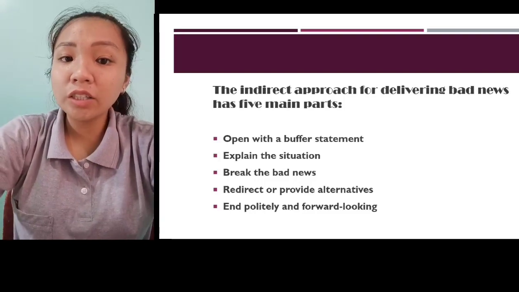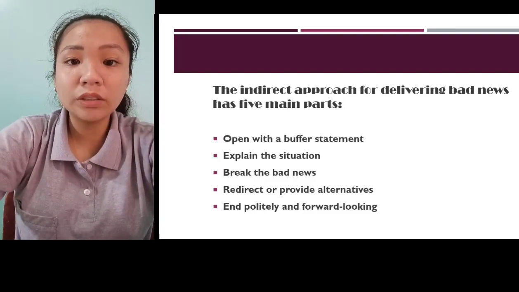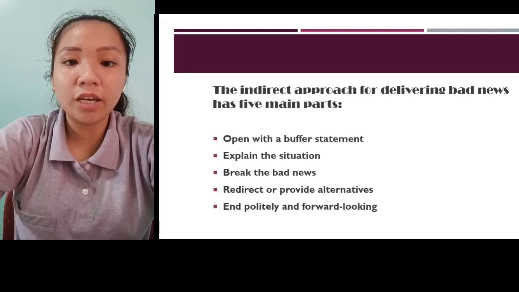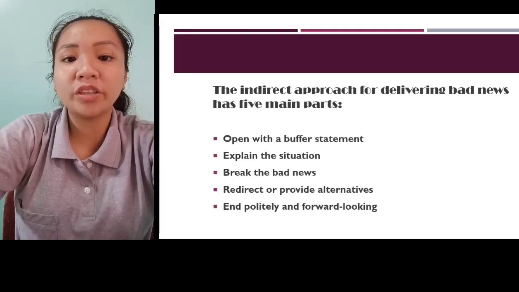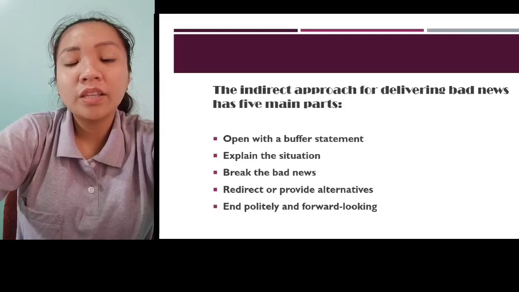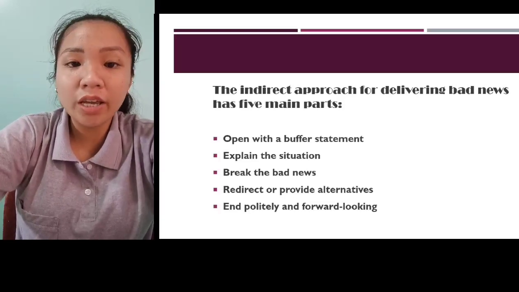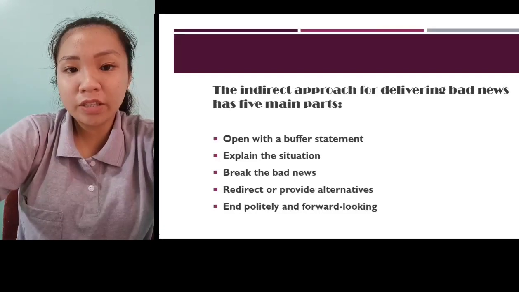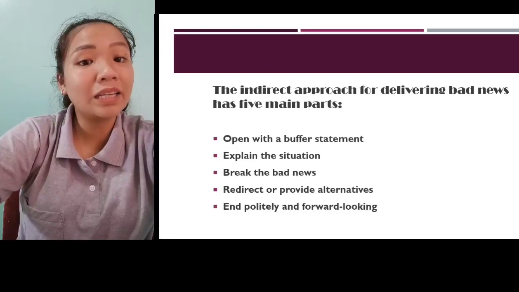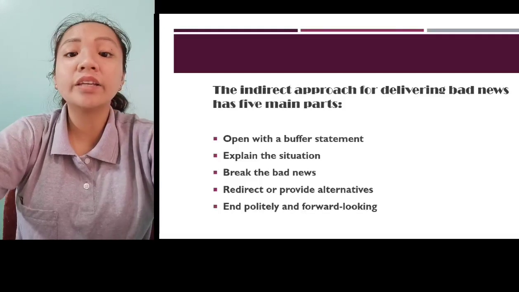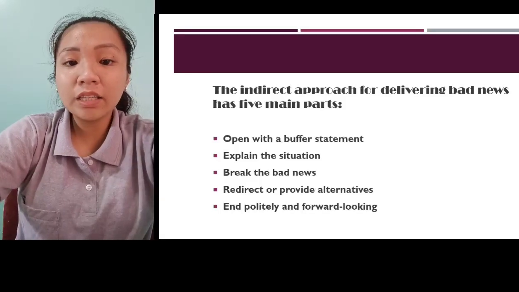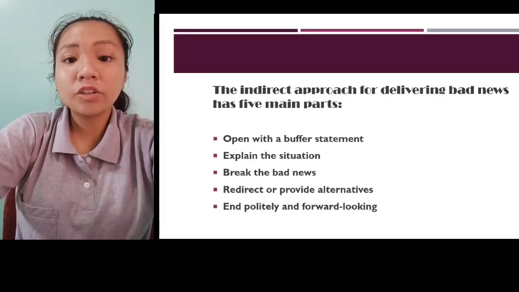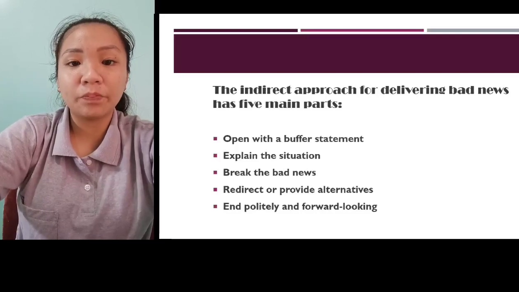Try to avoid labeling the bad news, such as calling it inconvenient or disappointing, because this can assume the feelings of your reader and create a negative impression. The person receiving the message may not have felt badly about receiving the news until you pointed out that it was indeed inconvenient or disappointing.